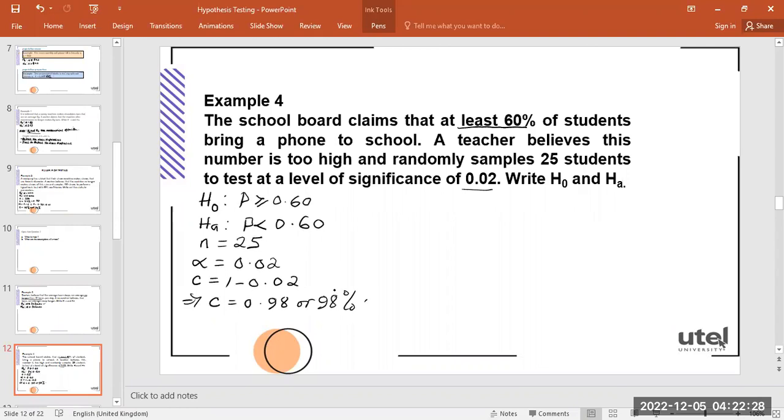So in other words, this is telling us that we are 98% confident that, whatever the outcome of the hypothesis, if we sample, let's say 100 students, then 98% of them will actually be either among those that bring a cell phone or not, depending on the outcome of the experiment.